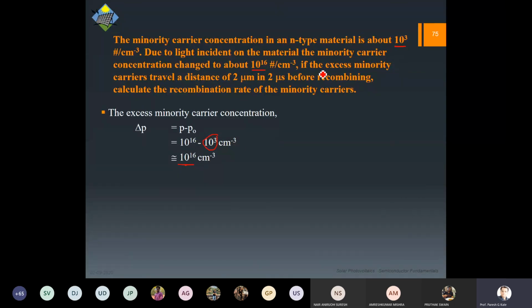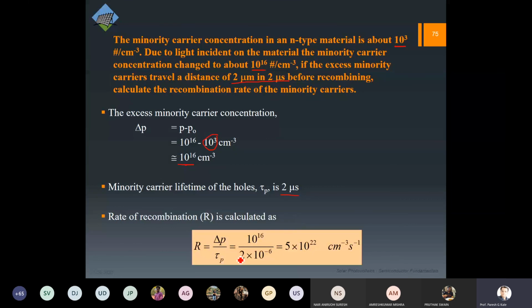Now, if this minority carrier is traveling a distance of 2 micrometer in 2 microsecond before recombining, calculate the recombination rate. So the time taken is 2 microseconds and the distance is 2 micrometers. We know that the rate is given by delta P, the excess concentration, divided by the minority carrier lifetime.